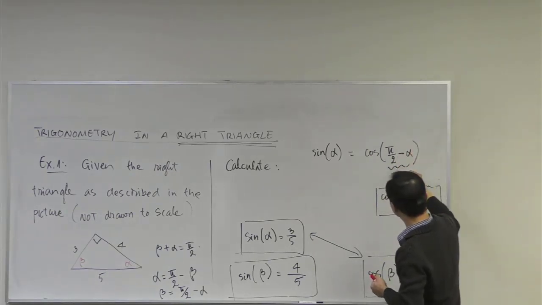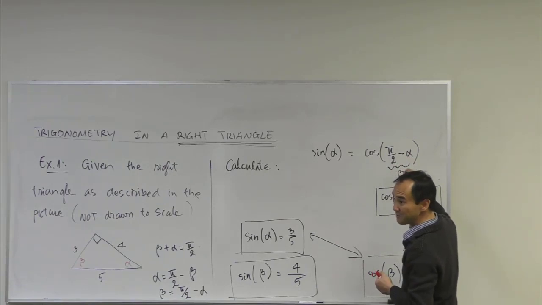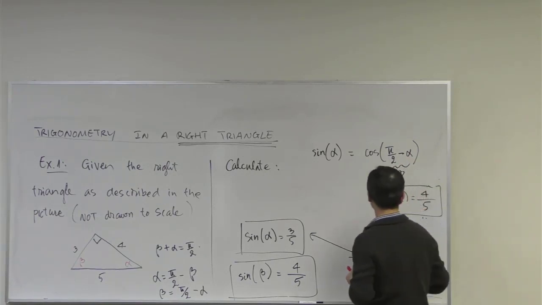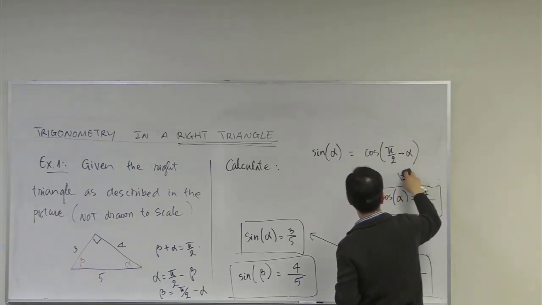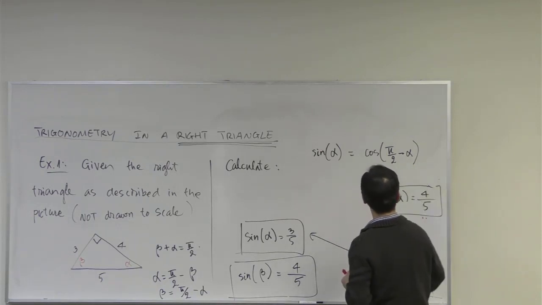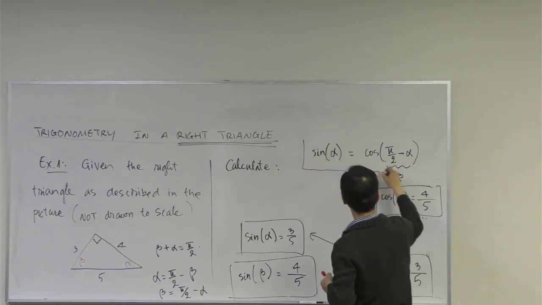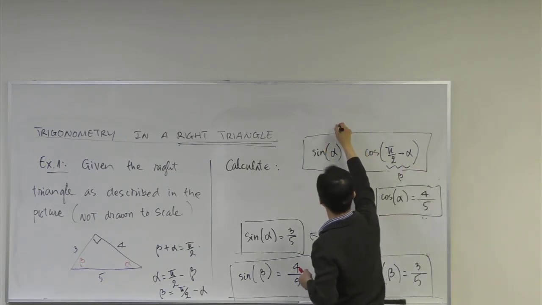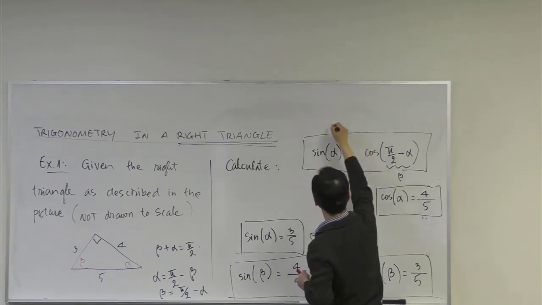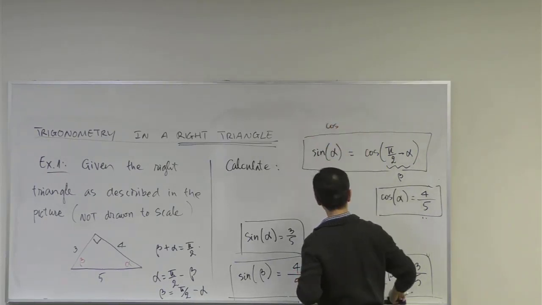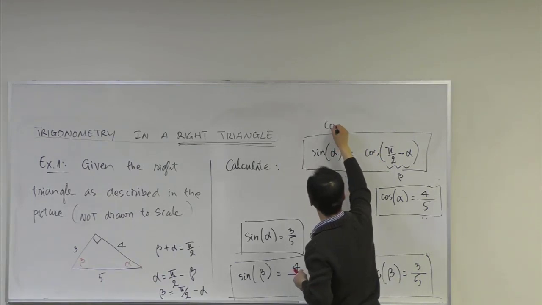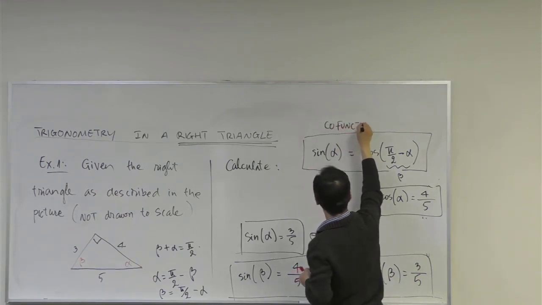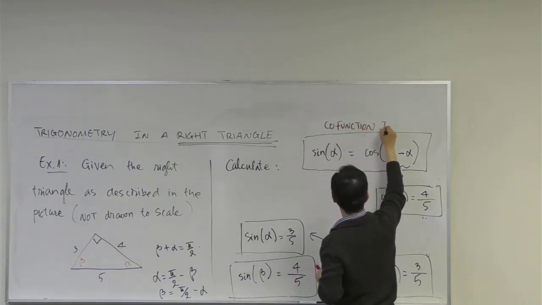This was our beta previously. You know what I mean? Okay. Primarily we want to be looking at this version here. So this is a relationship between these two. Sine and cosine, we call them co-functions. Co-function identities.